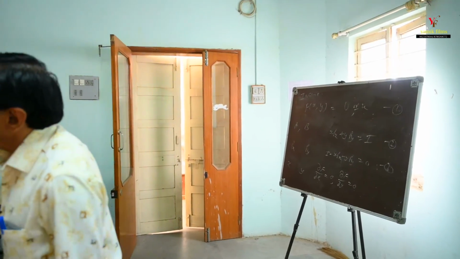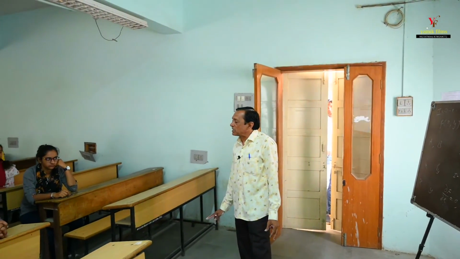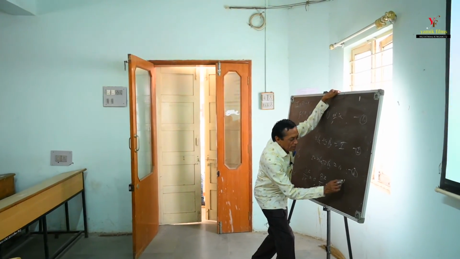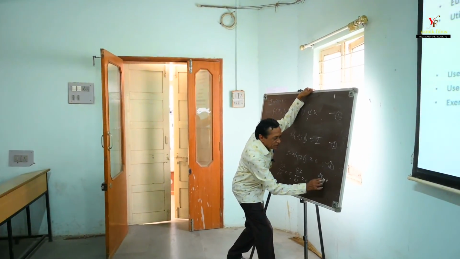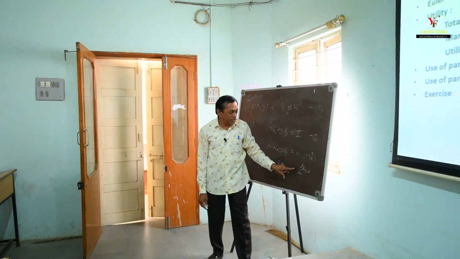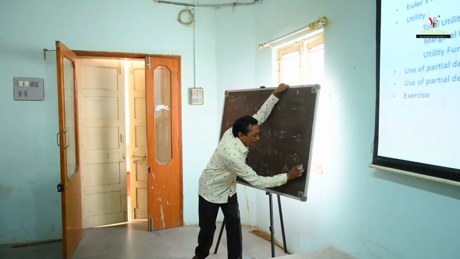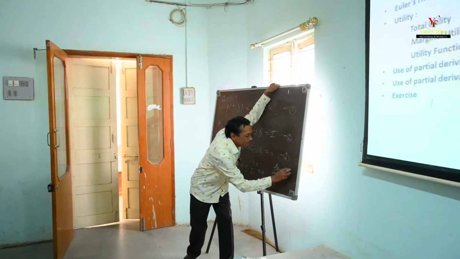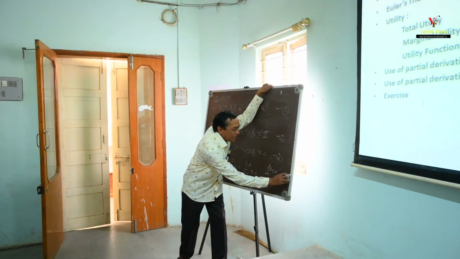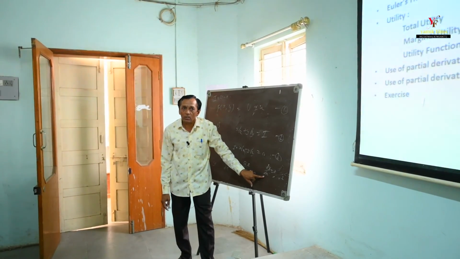In semester 5, we know the maximization function or minimization function. There are two conditions. If the function is maximization, then the first condition is dy/dx equals 0 and the second condition is d square y by dx square less than 0, then the function may be maximized.